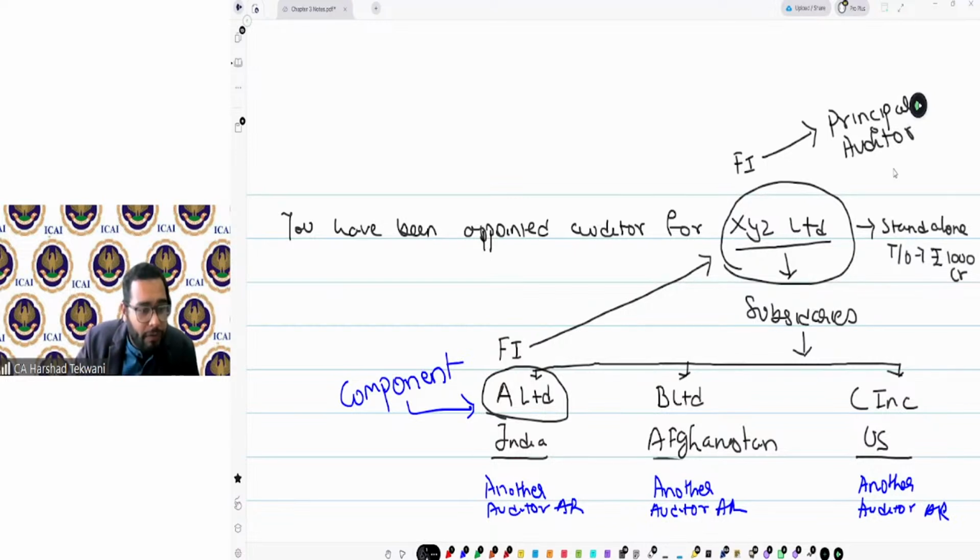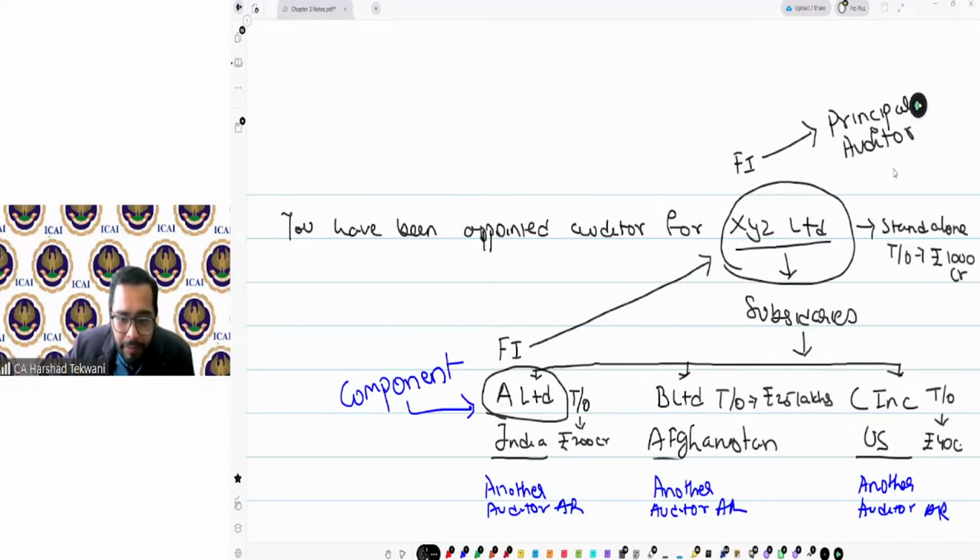The standalone turnover of A Limited is, let's say, rupees 200 CR. B Limited's standalone turnover is rupees 25 lakhs, and C Limited's standalone turnover is, let's say, 40 CR. Again, we are talking about the standalone turnover of all the four entities.